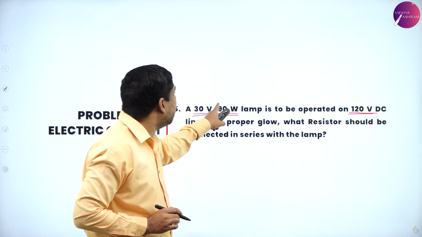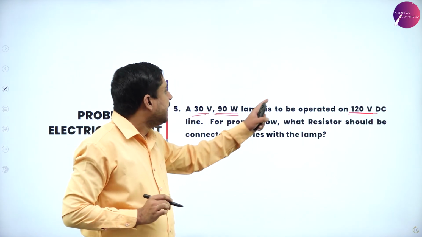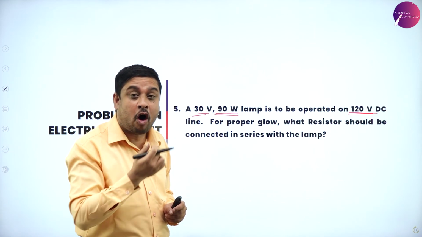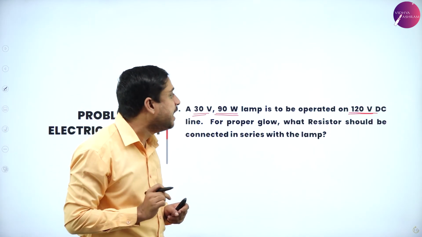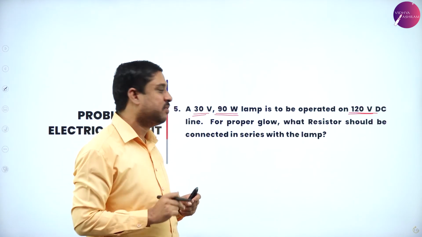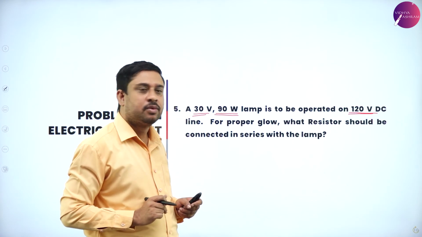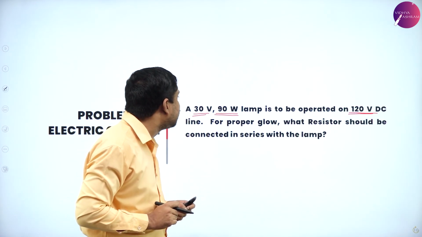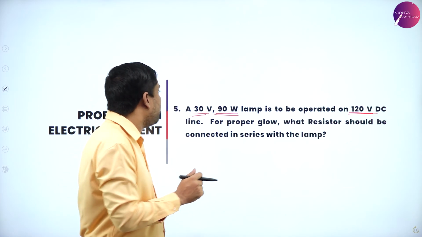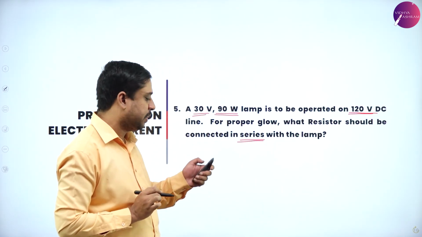It has to be operated on a feeder line of voltage 120 volt DC. For proper glow, what resistor should be connected in series with the lamp?